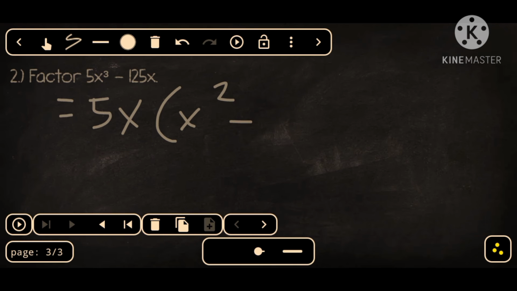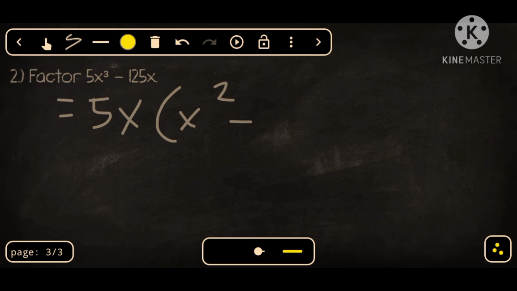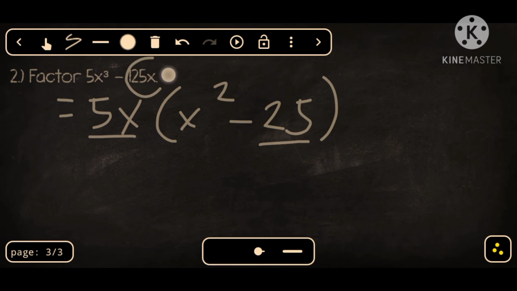Then minus, we extract 5x from 125x. What is the result? We have 25, because 5x times 25 is equal to 125x.